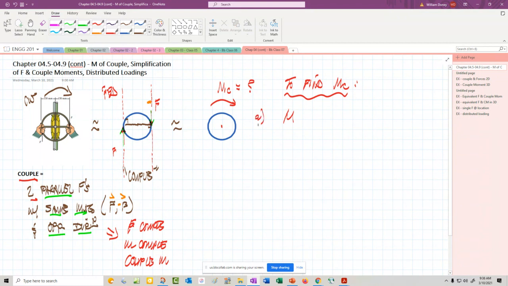So that'll be, let's call that A. We just add up the R cross F about some arbitrary point. And that point can be, in this case, the origin.